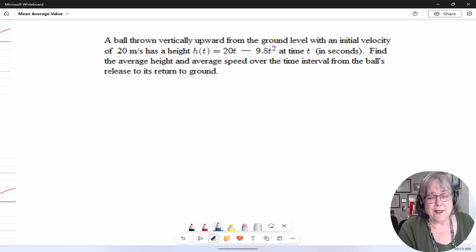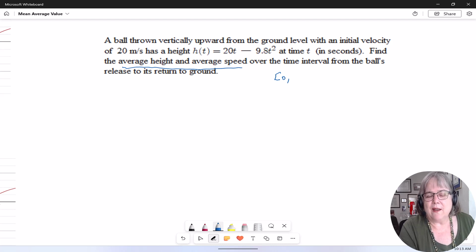So the first thing you have to have as soon as they say find the average height and average speed is you think, I need a time. So notice it wants it from the ball's release, which would be t is equal to 0. So I know it starts at 0 and it's returned to the ground.